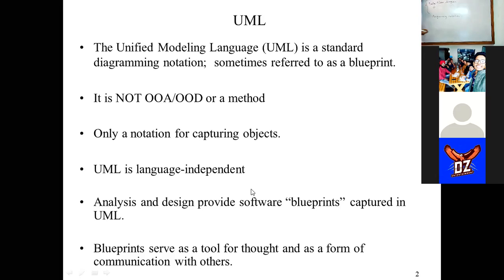In the structure chart, we were talking about the modules and how modules interact. In the data flow diagram, we were discussing the flow of data from one process to another process. But in the case of the UML diagram, why does the need for UML arise?